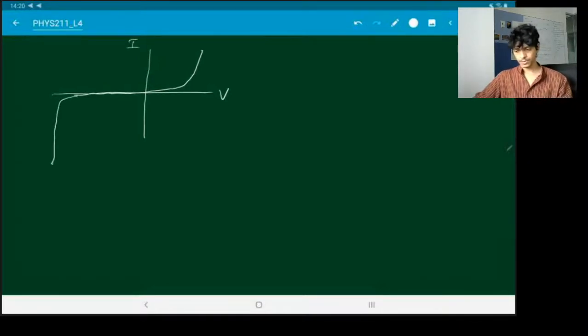Now, if you remember, when we were talking about diode characteristics, V versus I passing through the diode, in the forward bias it looks like this. In the reverse bias, this is what it looks like. And this is called the breakdown voltage.